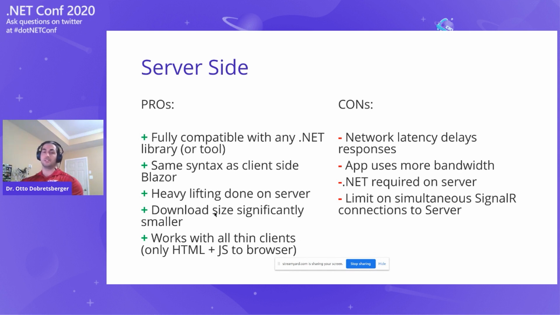And the other thing is you might run into a limit of simultaneous SignalR connections that can be established to your server. Now that obviously depends on the scalability of your app. If you host the app in Microsoft Azure, for instance, every hosting model has a different limitation of how many parallel connections it can serve up through SignalR to users.